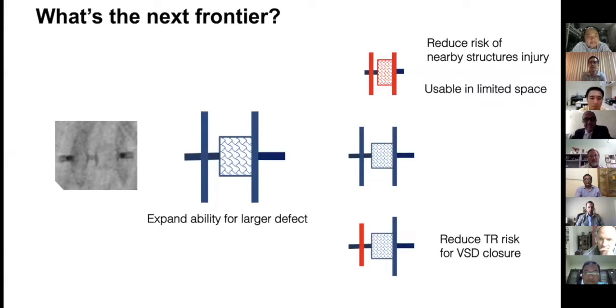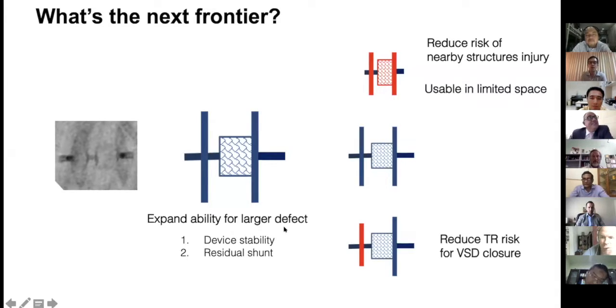And also, the largest diameter we have now is about 20 by 14. So if for some reason the company can have a chance to make a bigger device, with that we can treat even more sizable or larger defects. But the thing that we need to be very, very concerned about would be the device stability and also residual shunt.